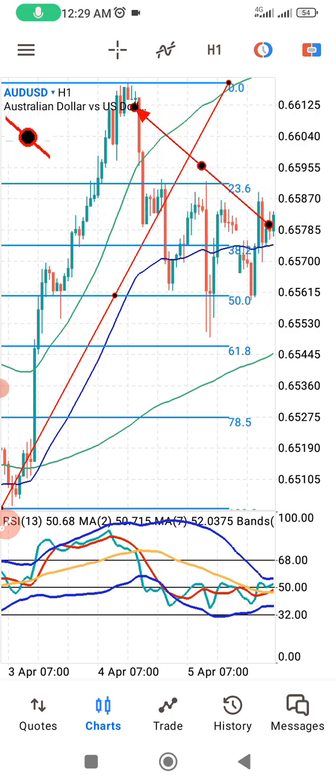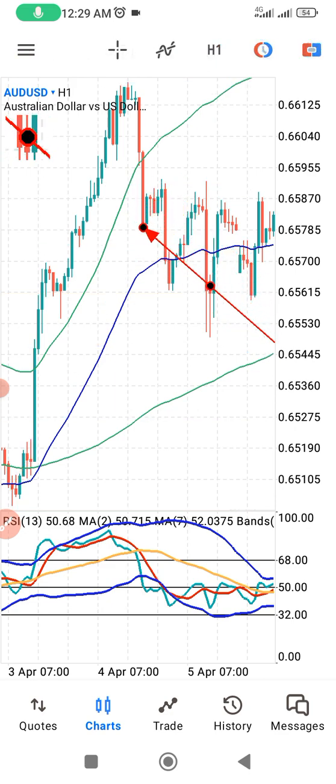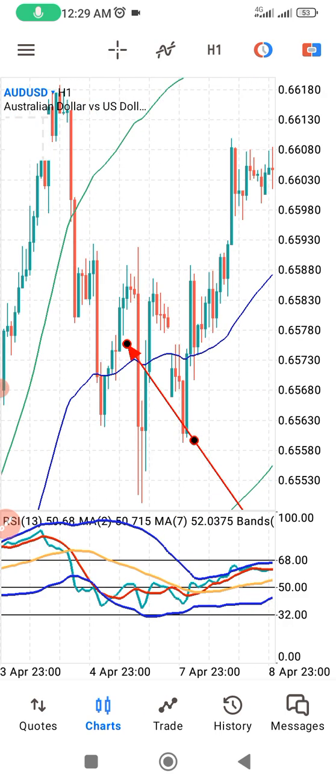So here the price pulled back and closed below the 23.6 level. We have established that, so we have gotten a pullback, and this pullback is into our moving average 50. So here is our pullback.